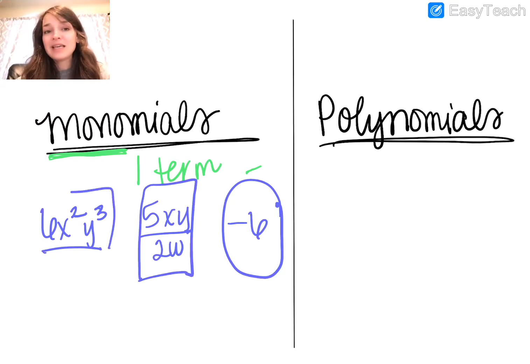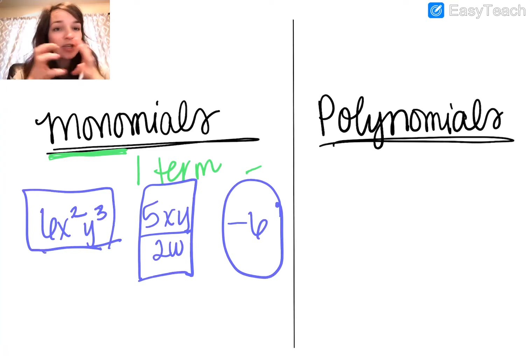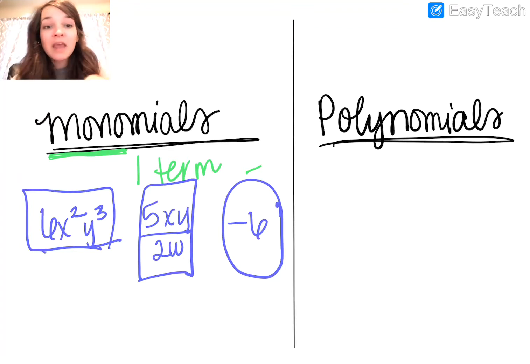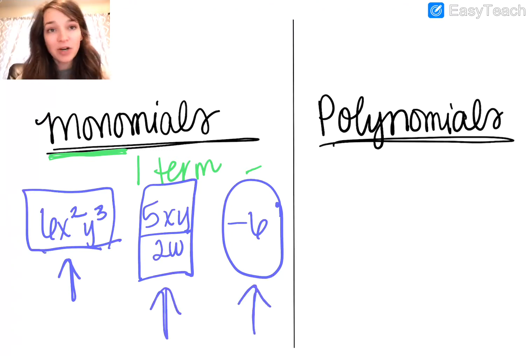It's true, these are monomials, because when we see no addition or subtraction separating the values, when they're all squished together, we treat it like one term. This counts as one term. This counts as one term. And this one's easier to see, but it counts as one term. So these are all examples of monomials because there is no addition or subtraction separating the values. It is all squished together into one package, into one term.